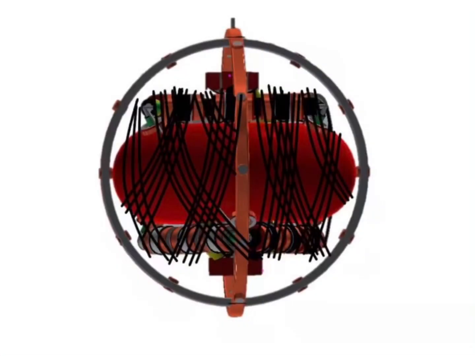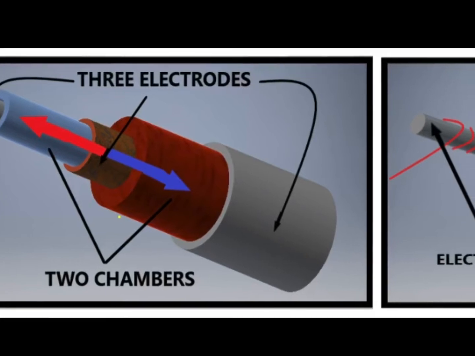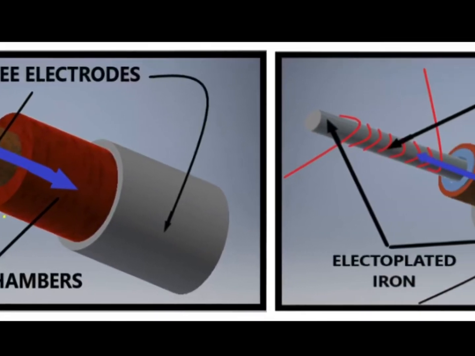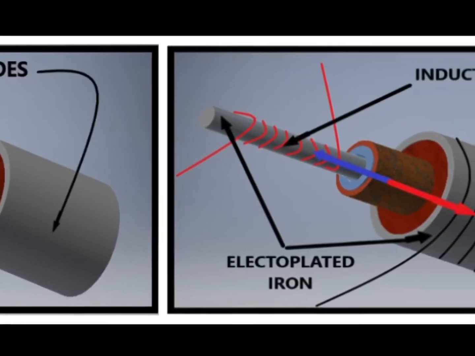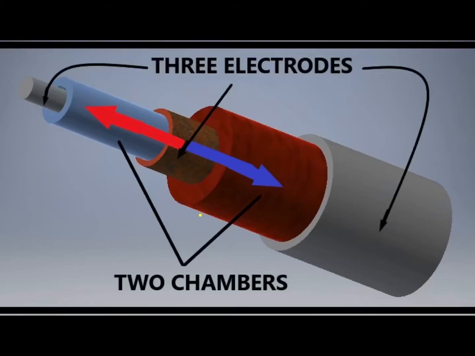So using this law in my design, I have three electrodes. We have one anode and two cathodes, and I'm trying to obtain the potential of that single anode. And using three electrodes, we have two chambers.